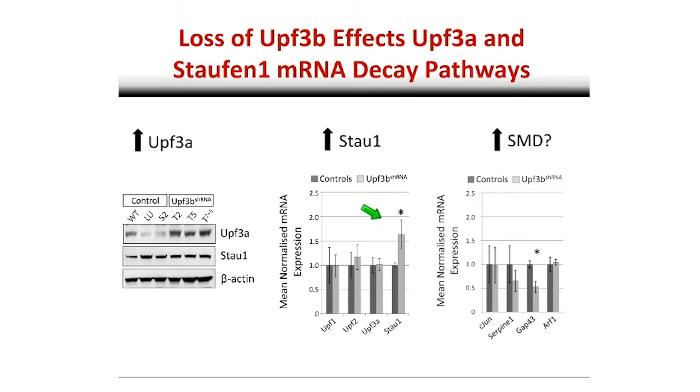We saw that there was increased expression of Staufen-1 at the mRNA level, and we looked for evidence of increased Staufen-mediated mRNA decay, and at least a couple of these genes, SERPINE1 and GAP43, which are SMD targets, seem to be downregulated, so perhaps suggesting that SMD was in fact increased in the absence of UPF3B.